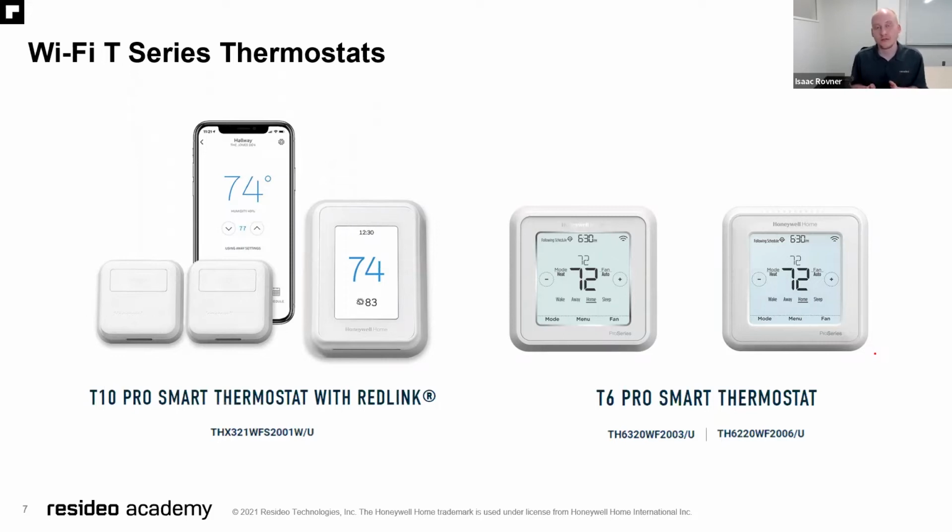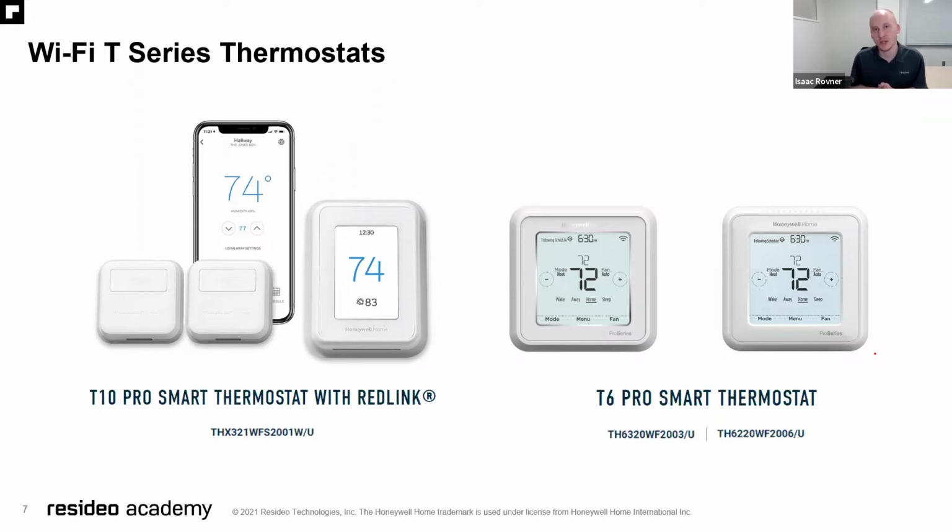Our T6 comes in two different models, the TH6320 and the TH6220. The TH6320 is going to have similar compatibility as far as heating stages for conventional and heat pump as the T10, while the TH6220WF is not going to be compatible with as many heating and cooling stages.